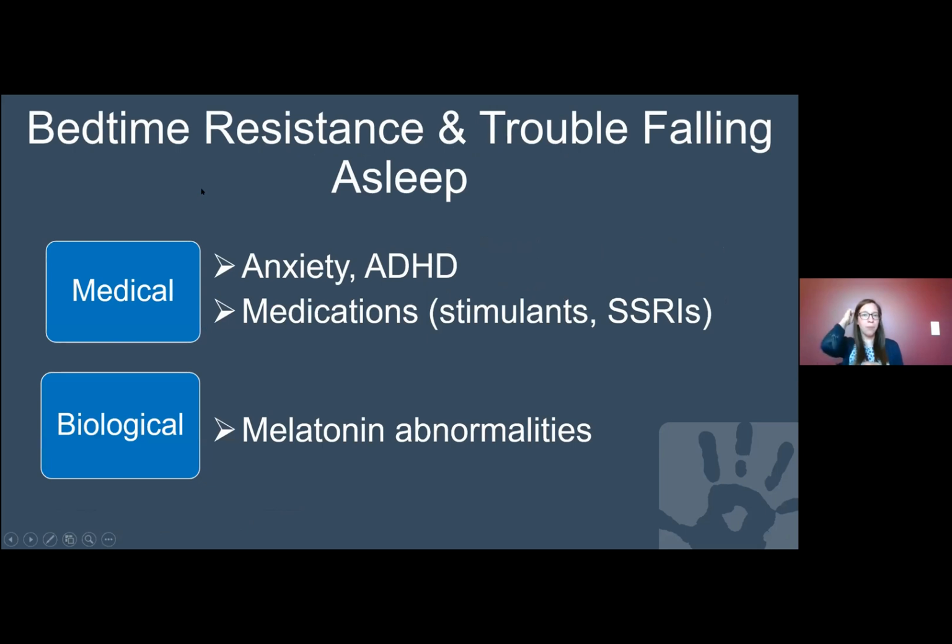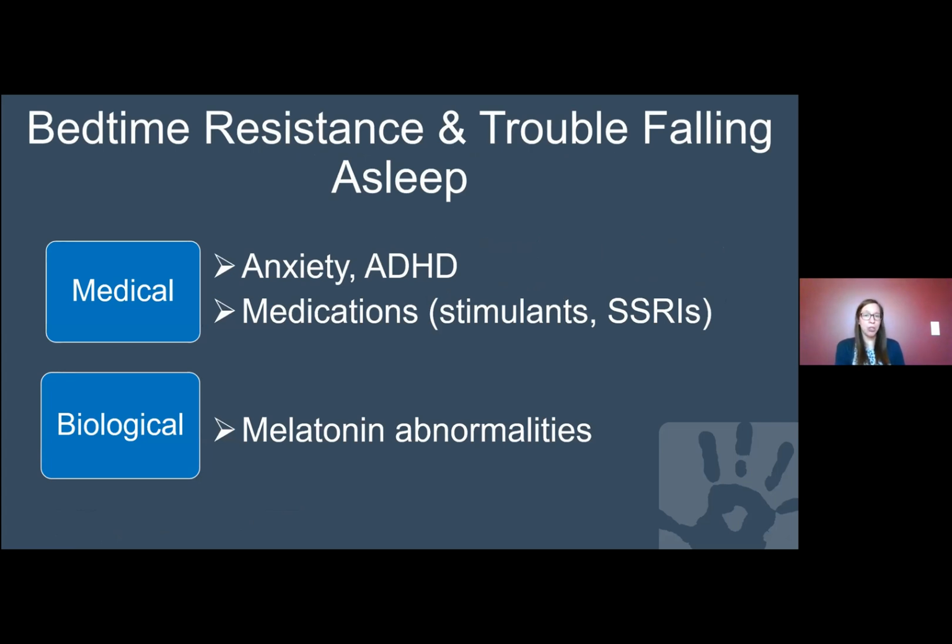Okay, so the medical causes for bedtime resistance and trouble falling asleep are many, but the ones I wanted to highlight were anxiety. Of course, if your mind is racing and you're nervous about things, this is one of the most common mental health problems that I encounter for falling asleep.